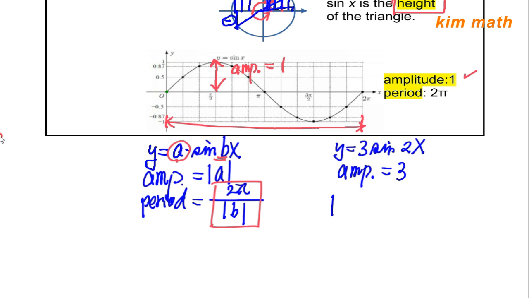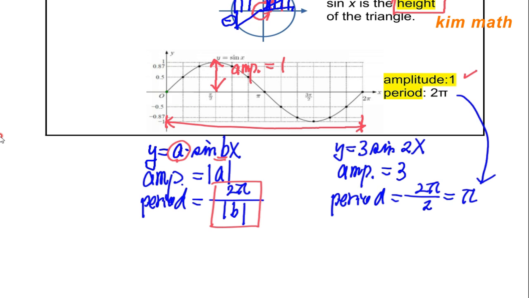Okay, and period will be 2 pi divided by the absolute value of 2, which is just 2, so pi. Compared to this one, period is decreased by half, which means in a very short period we can complete one full cycle of sine of x.